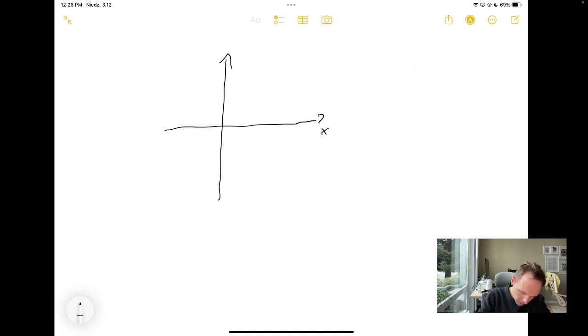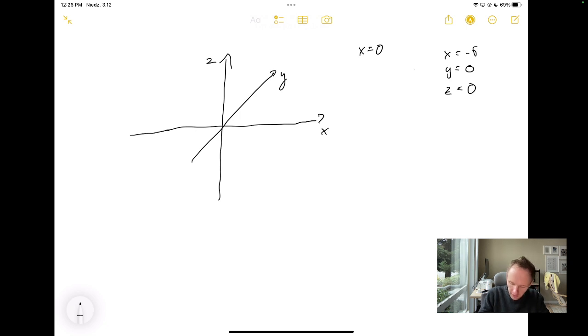So this is the world frame. X, Y, and Z, so Z goes up, and then our triangle, let's say it's going to be at X equals 0, for no particular reason, honestly, and then the camera is going to be at X equals -5, Y equals 0, and Z equals 0, and looking towards the X direction by convention.